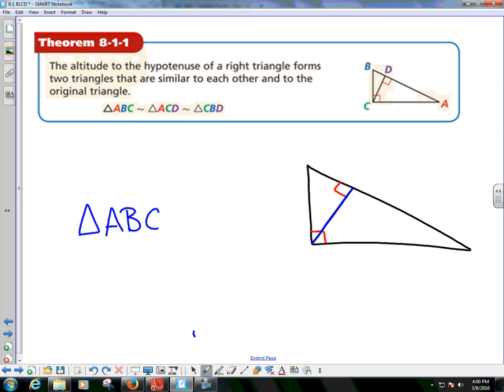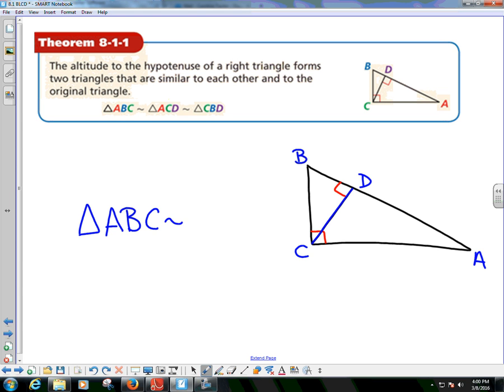Let's label this one more time. All right, so I have the original big triangle, and now I'm going to talk about the 2 triangles that it's similar to. Well, angle A is my hypotenuse and my long leg of my big triangle.